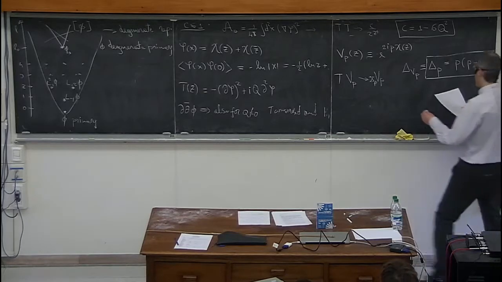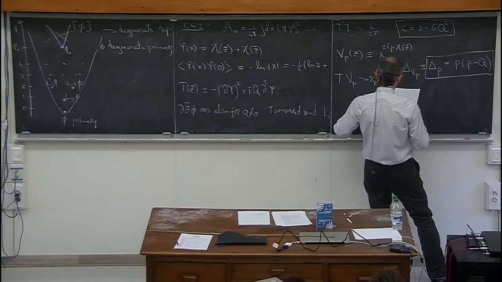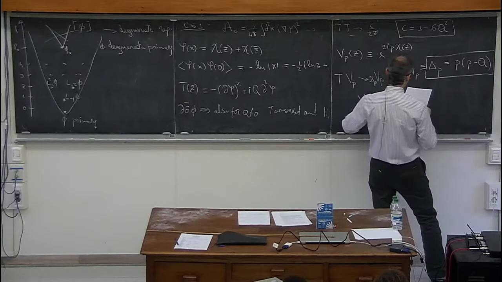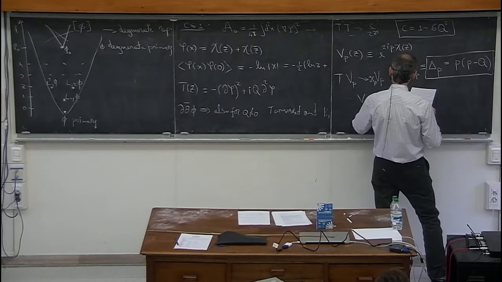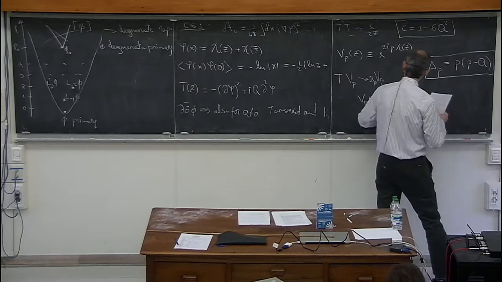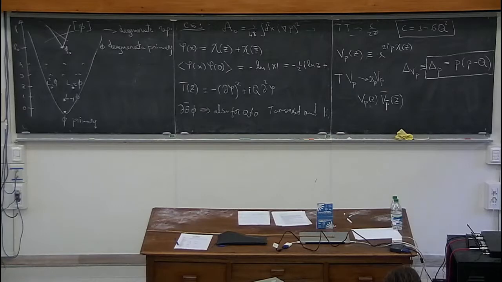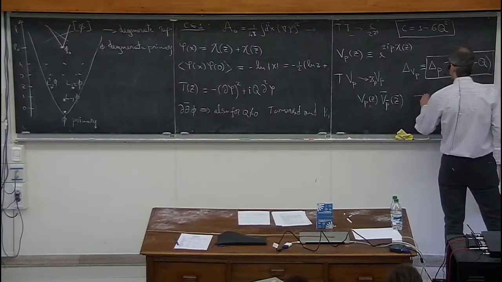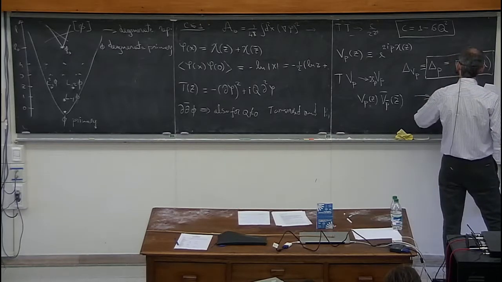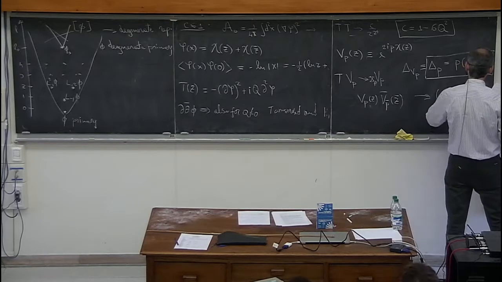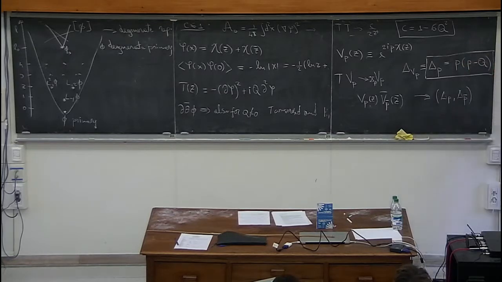So a generic primary, of course, will have both the Z and Z bar components in this form, with dimensions delta P, delta P bar, given by this formula.